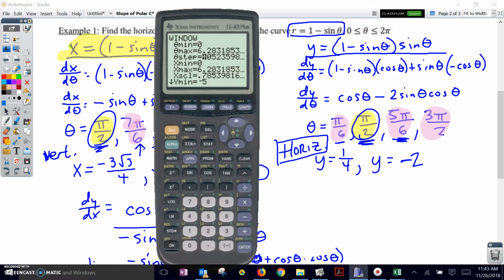We'll do pi over 30, and let's see, I'm just going to make this from negative 2 to 2. Should be enough to capture the whole picture. And if I look at this graph, you'll see various places.